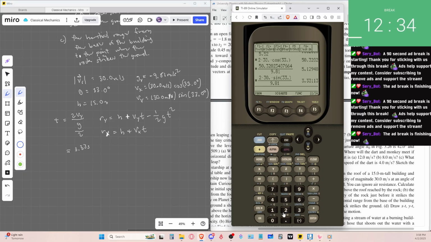Let's see what happens if I do this instead. So we're left with 30, and then sine of 33 degrees, and then, oh, did we put too many parentheses? No, I don't think so. Okay, so divide that by 2.